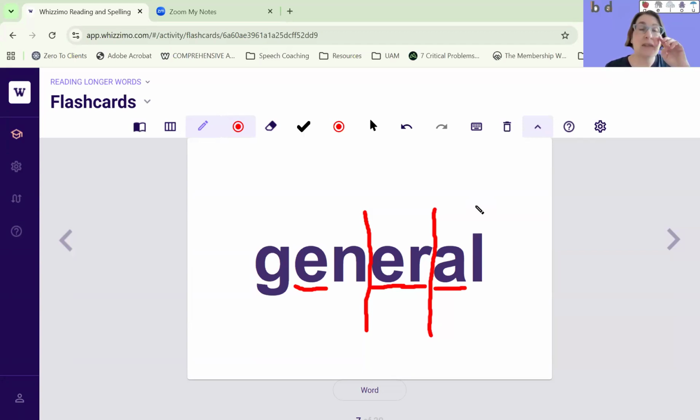I realize that this process does take some time, especially for struggling readers when they're just starting out with these longer words. But the more they practice, the better they're going to get and the faster they're going to be with this. The key takeaway when dealing with longer words is start with the vowels. Find your vowels, underline your vowels, and then think about the syllable types and divide up between those vowels in order to figure out the word.